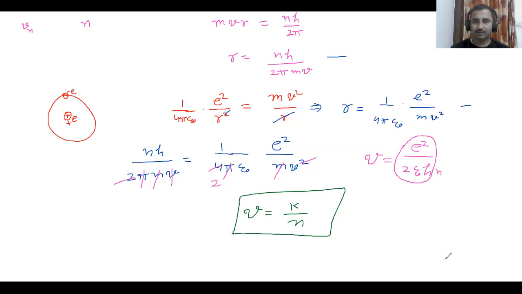And the graph of this relationship would be like this. If we represent n on the x-axis and v on the y-axis, the graph would be a decreasing graph with respect to n because n is in the denominator, and that would be a curvilinear graph.